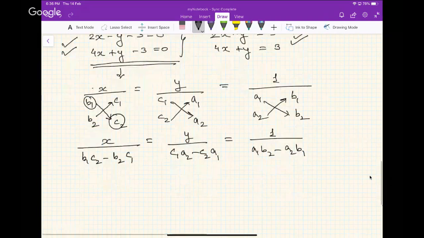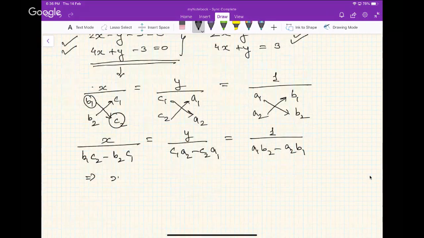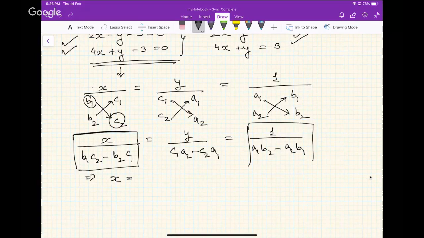So x will be equal to, if you equate all three, x equals b1 c2 minus b2 c1 divided by a1 b2 minus a2 b1.